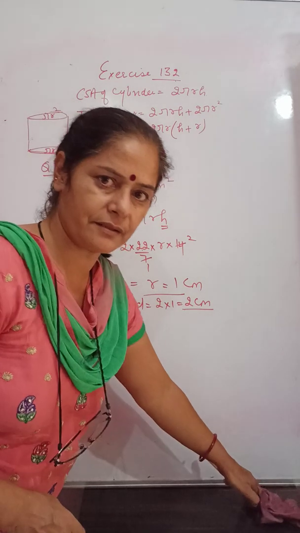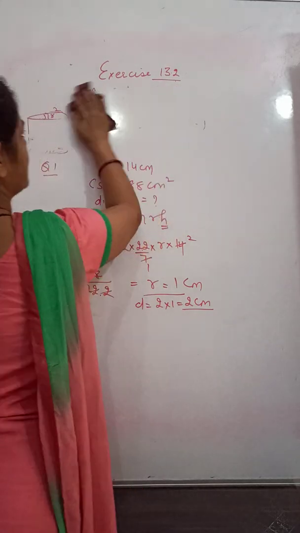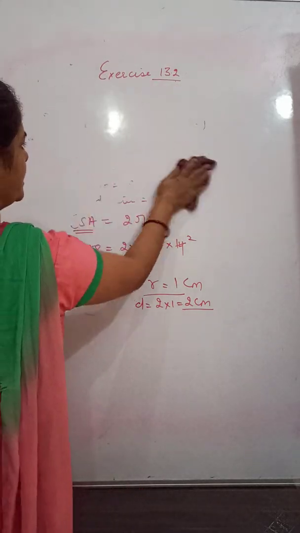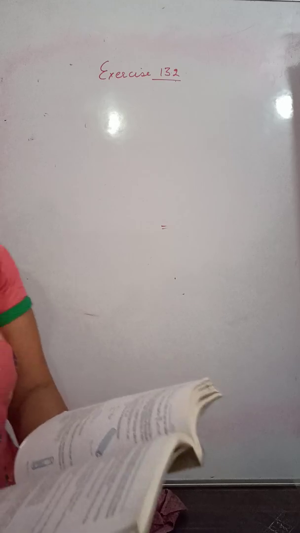Very simple question, right? Come now to question number 2. In question number 2, the statement is, it is required to make a closed cylindrical tank. We have to make a closed one. When we talk about closed, we mean total surface area, right?